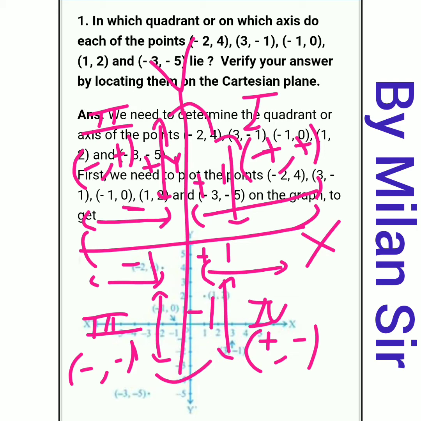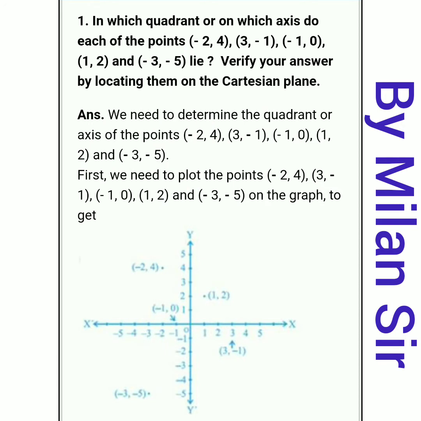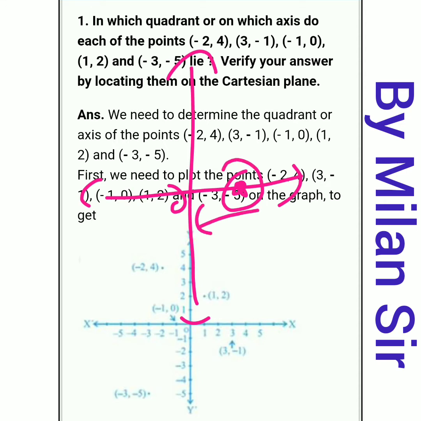And if the point lies on the x axis, then its y coordinate is 0. If y coordinate is 0, then the point lies on the x axis, and reverse, if x coordinate is 0, then the point lies on the y axis.